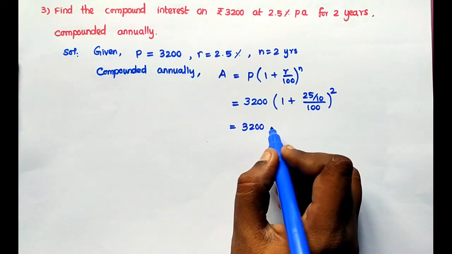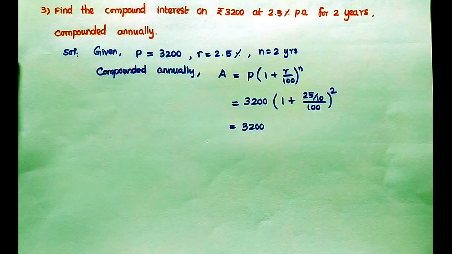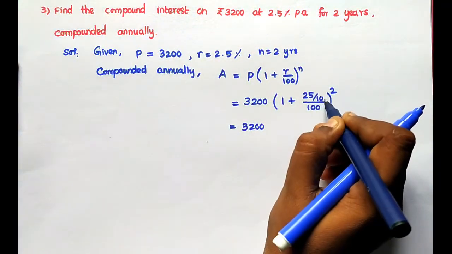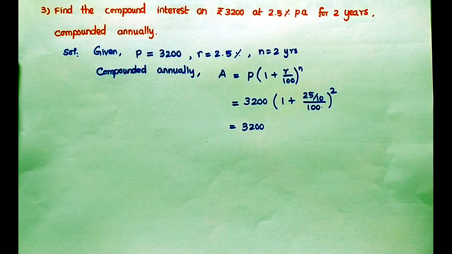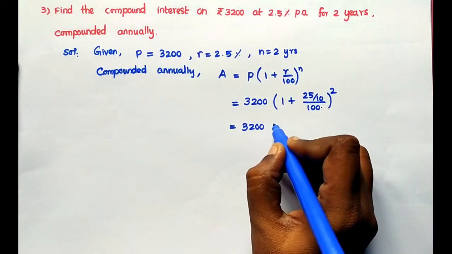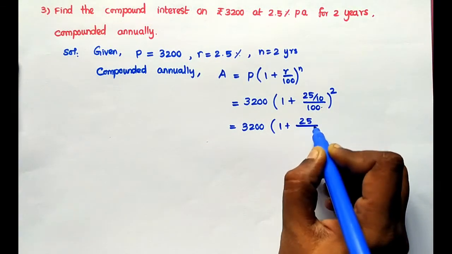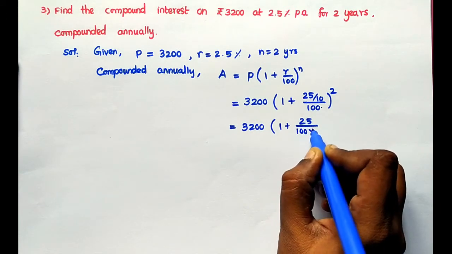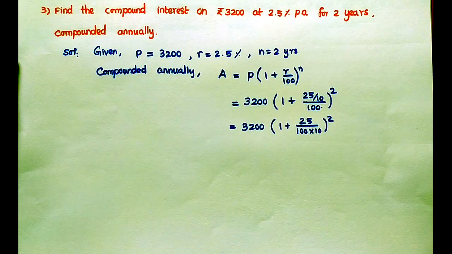3,200 into, now the 10 multiplies with the 100, so 1 plus 25 by 100 into 10, power 2.